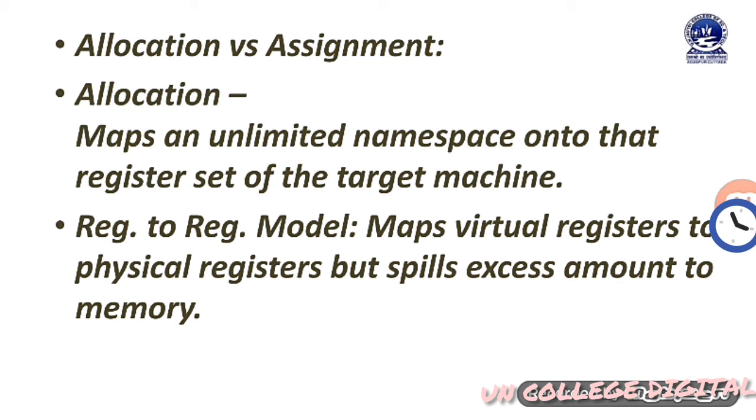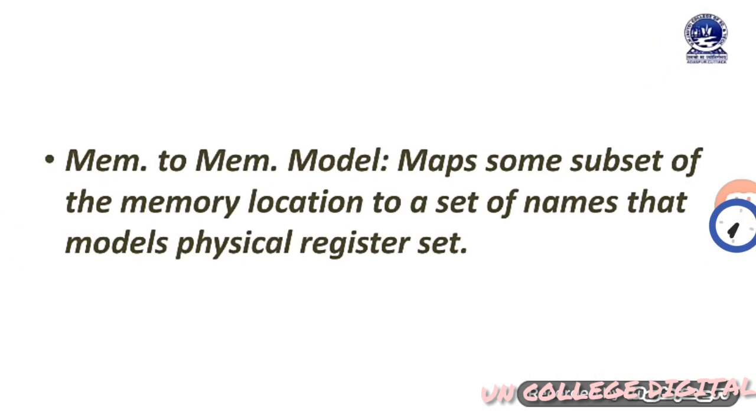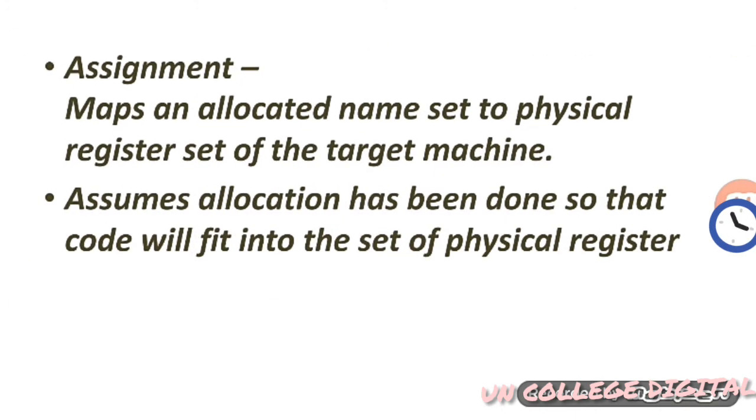It means it allocates the variables, the namespace, onto the register set of the target machine. The next one is the memory-to-memory model, which maps some subset of the memory locations to a set of names that model physical register state.